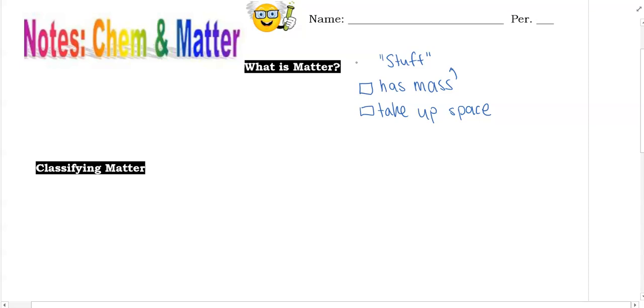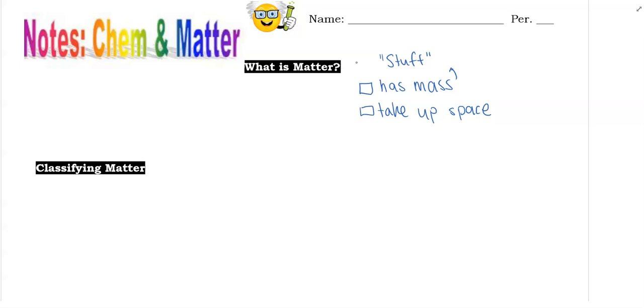Okay? All right. Now, we can point to a lot of things in a room and say that's matter. So we've got tables, we've got chairs, we've got people, we've got water, we've got solids, liquids, and gases. But then once we have all these pieces of matter, they're not all the same. They act differently.